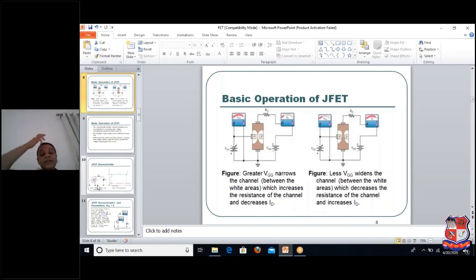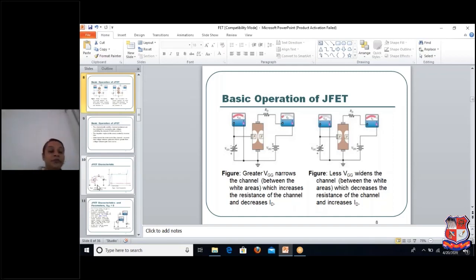But in the case of reverse bias, the majority carrier electrons flowing in an N channel get divided. Most flow from source to drain, but the remaining electrons also flow to the positive terminal of the battery. So the flow of electrons decreases.